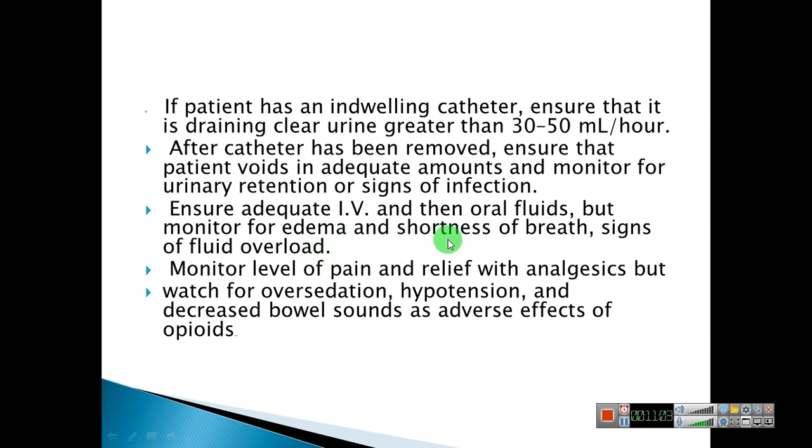Likewise, you have to observe. You have to give the fluids adequately, and the patient should not be overloaded. You have to identify if there is a fluid overload.